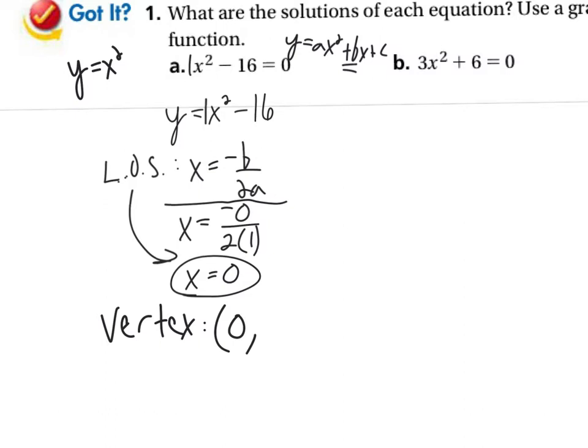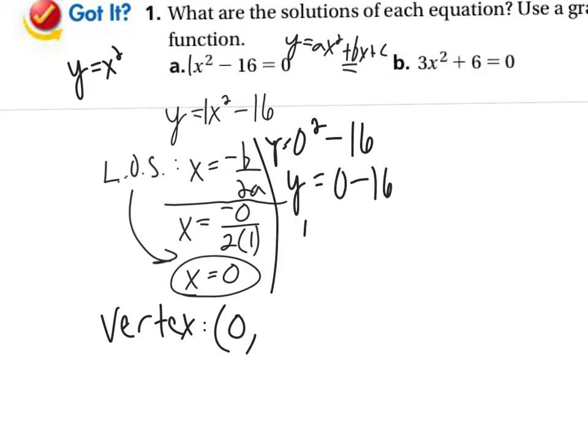So the -16 is just shifting our graph down 16 units. So instead of at 0, 0, we're at 0, -16. Or if you forget that, it's not a big deal. We just substitute a 0. Put a 0 in place of x, and you would get negative 16. So 0, negative 16 would be our vertex.